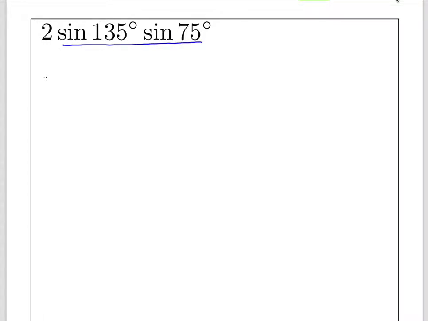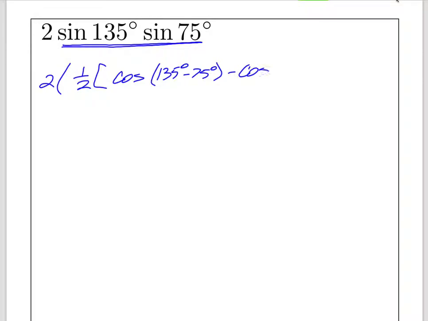So that means the 2 has to stay here, and then I need to put my formula in for the other part. So it would be 1/2 cosine of A minus B, so 135 minus 75, and then minus cosine of A plus B, so 135 plus 75.